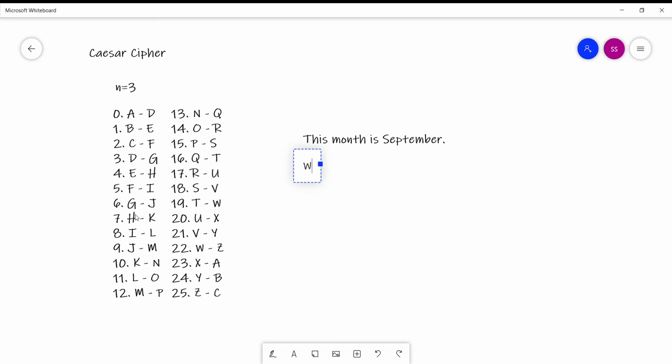H will become K, I will become L, and S will become V. Okay, so you are getting an idea how I am encrypting this. We can say this one is my plain text and this is my ciphertext.